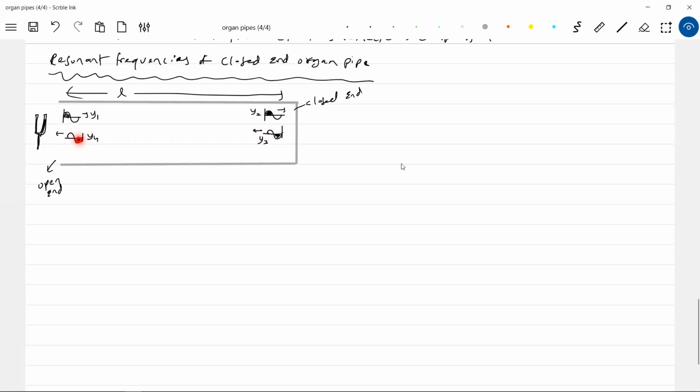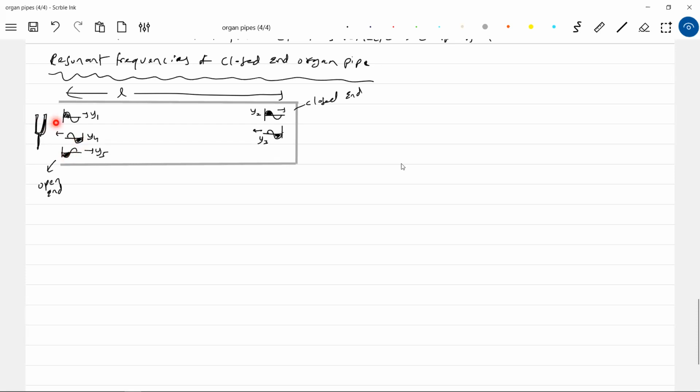Y4 is the reflected wave, further reflected. It is the twice reflected wave: once reflected at the closed end, next reflected at the open end. Continuously the tuning fork will be sending signals, so shall we say there will be interference between these two waves?